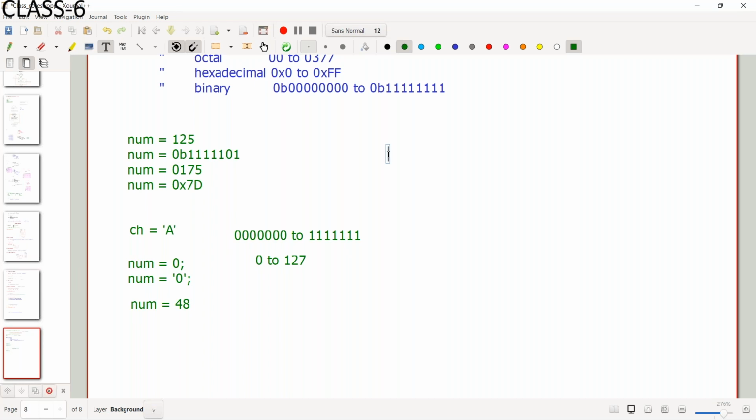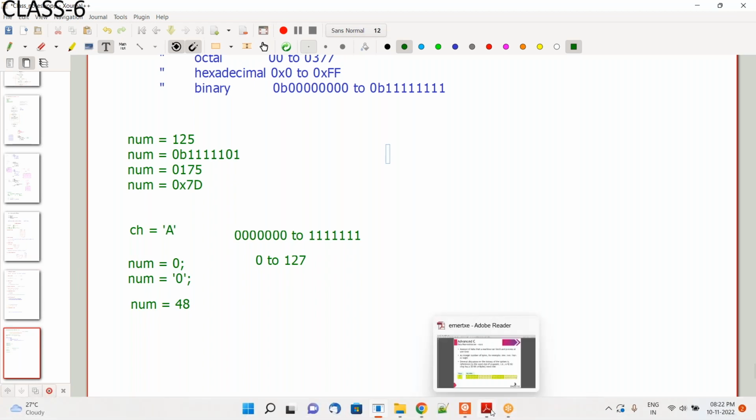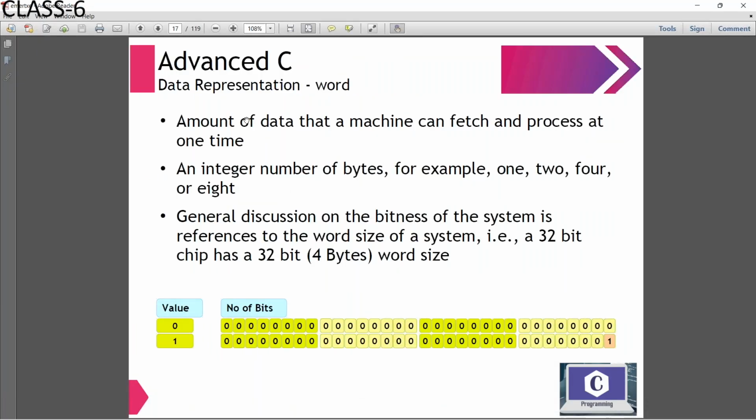Is this much clear? Now we will see what the word size is. Word size is the amount of data that your system can fetch or process at a time.